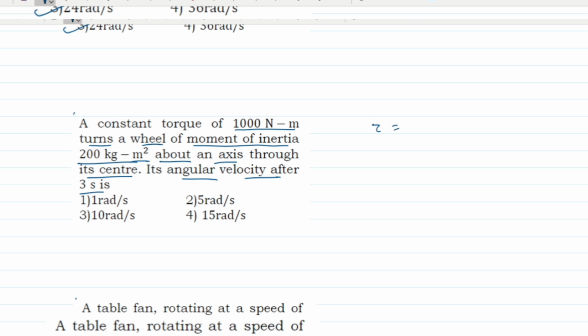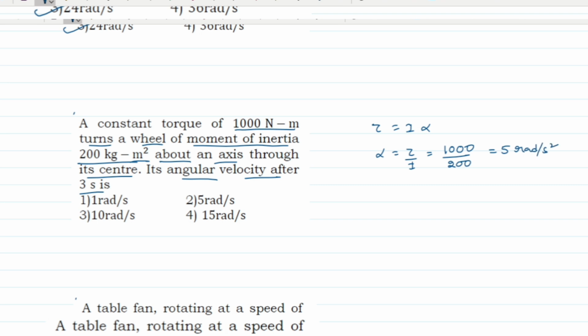The relation between torque and angular acceleration is tau equals I alpha. With this, alpha is tau by I. Tau value is given as 100 Newton meter, and I value is given as 200, which is nothing but 0.5 radian per second square.